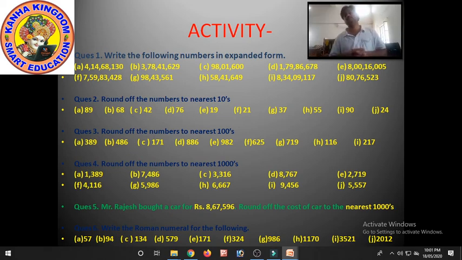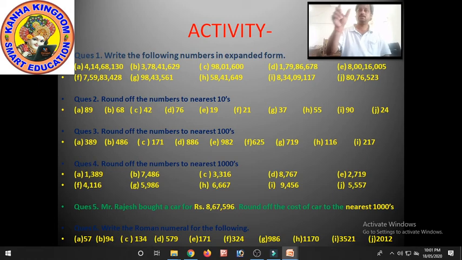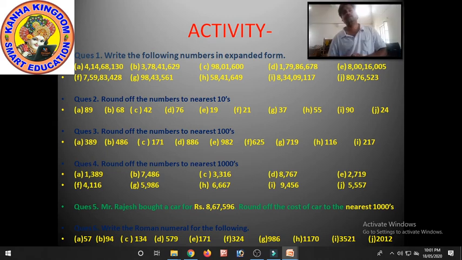In this question, just listen carefully. Mr. Rajesh bought a car. A person whose name is Rajesh bought a car, and the cost of the car is 8,67,596.